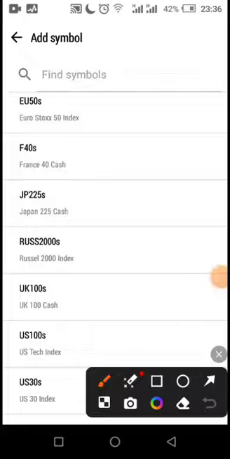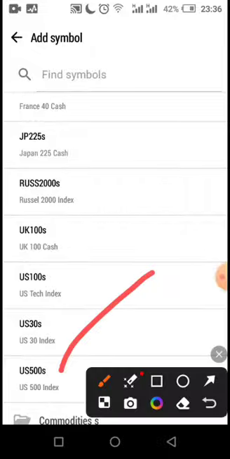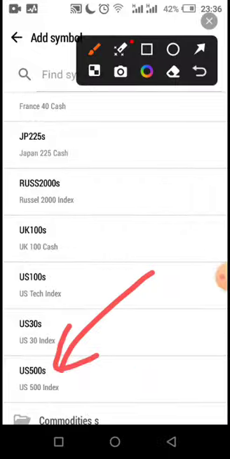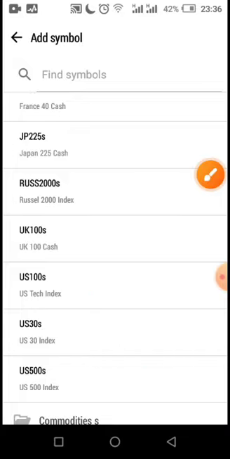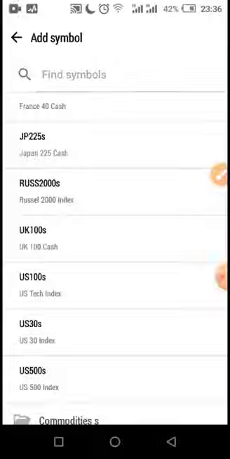So examples of stock indices are like these, where the US 500 is an index which shows the average performance of the top performing 500 stocks in the USA, whilst the US 100 is an index showing the average performance of the top 100 non-financial stocks in the USA, which will be in the technology sector.